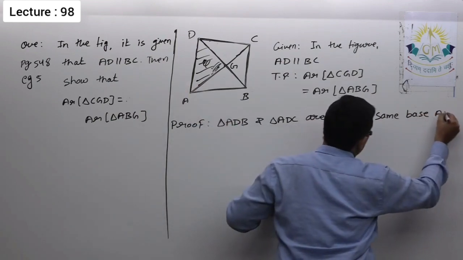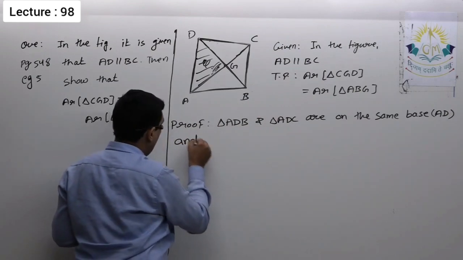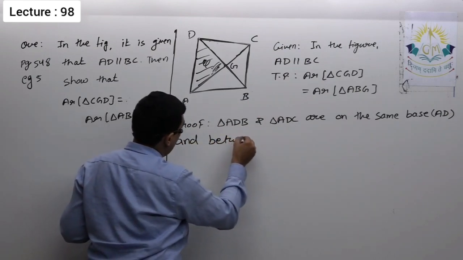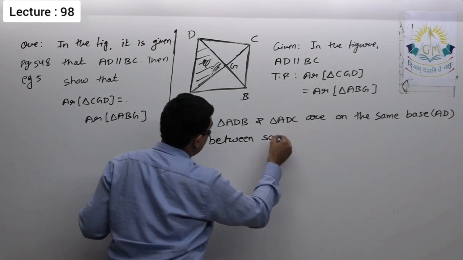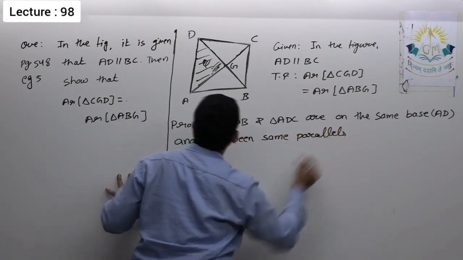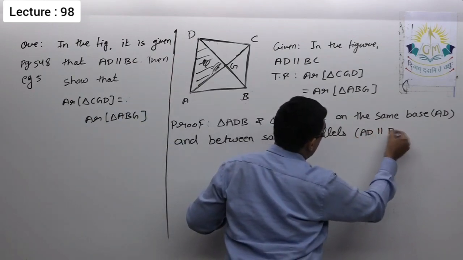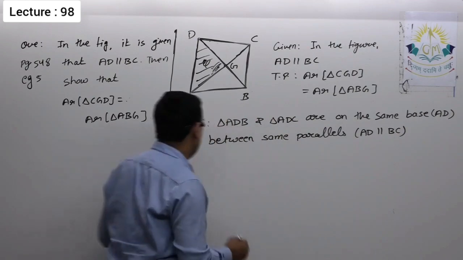They are on the same base AD, and between same parallels AD and BC, or AD parallel BC.